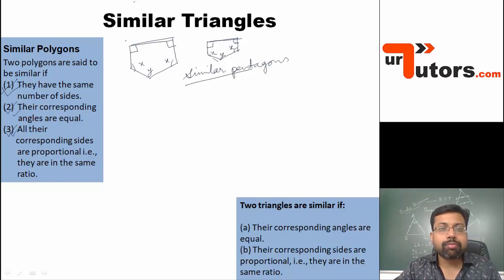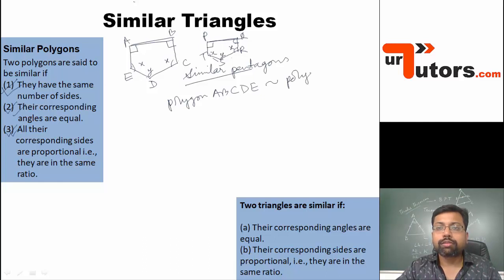And if you name them, for example, if this is named as A, B, C, D, E, and this is named as, say, P, Q, R, S, T, then we can say that polygon ABCDE is similar to polygon PQRST.